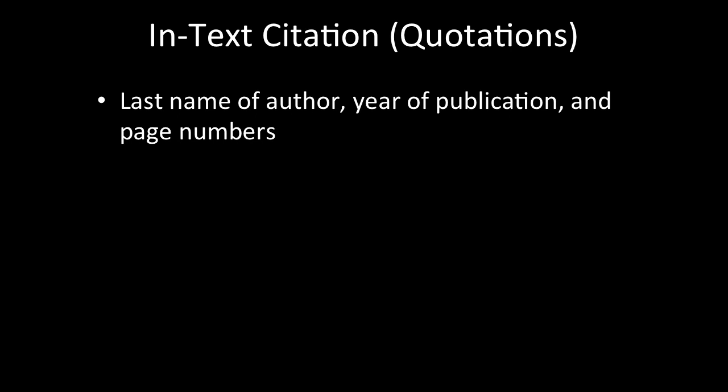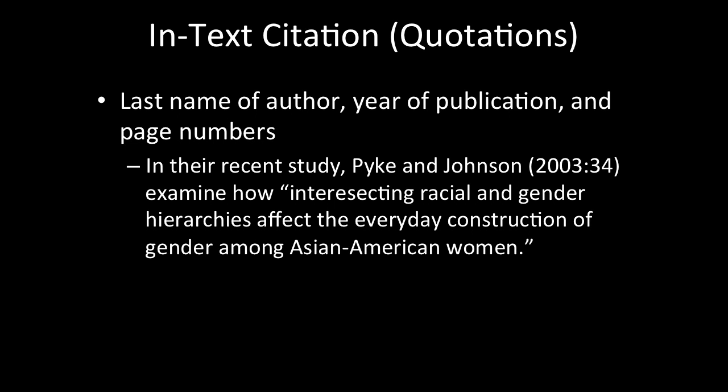Only use page numbers in your citation when directly quoting from an article or book. Page numbers come after the year, following a colon with no space between the colon and the page number. If the author's name is mentioned in the text, then the year and page number should follow immediately after in parentheses.